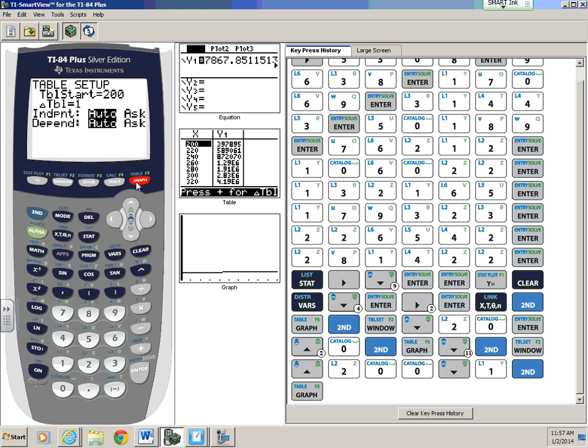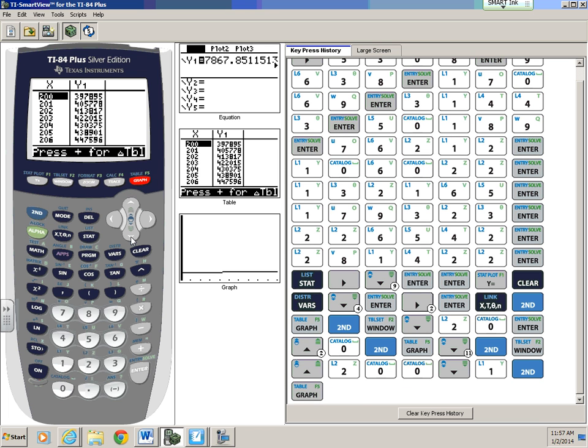And now I can see that somewhere in the year, or 212 years from 1800, I'm going to hit a population of 500 million.